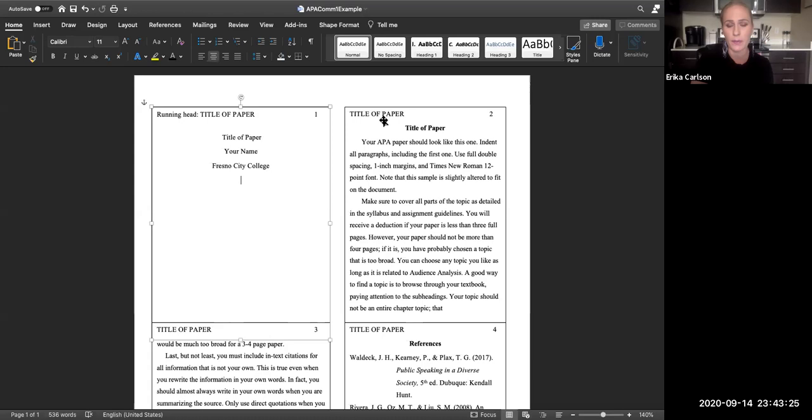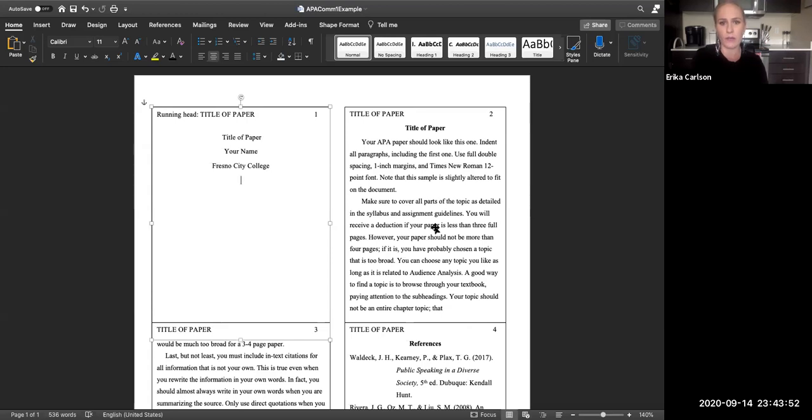We have the title of the paper in all caps in the header in the top left-hand side of the page, and then we have the page number here. However, this is actually the first page of the paper because this is the first page you are expressing your ideas on. So the title should also be bold and centered on the top of your paper. You're going to have the title twice, formatted just like this. So your paper should look like this one.